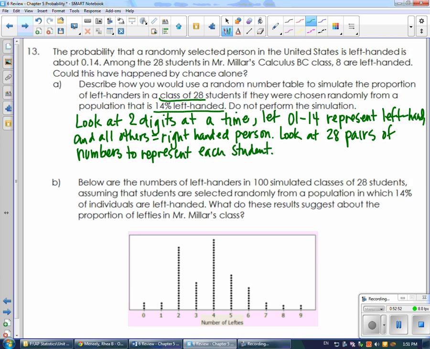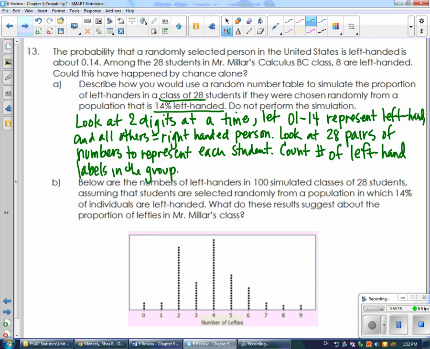And then what we'd want to do is count the number of pairs of digits that are between 0, 1, and 14. So, or count the number of left-handed labels. Okay, and that would represent 1 trial.